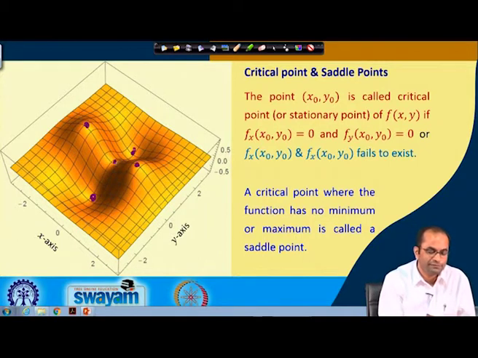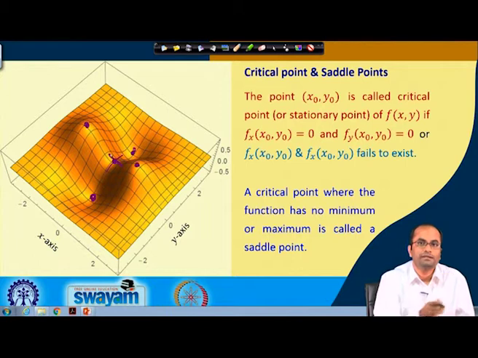But at this point, we see that in the neighborhood it is not showing the same behavior, because if we go in the direction of y, the function is taking lower values, but if we go in the direction of x, then the function is taking larger values than at this point itself.